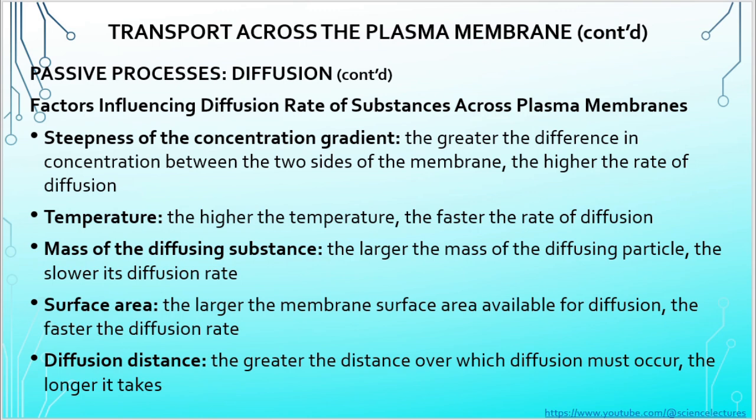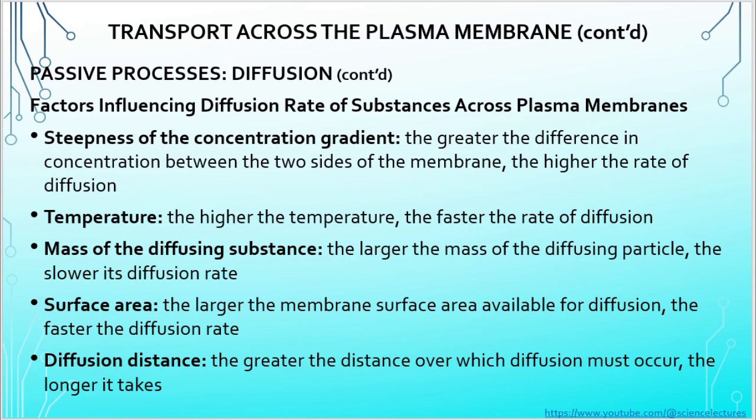When charged particles are diffusing, the steepness of the electrochemical gradient determines the diffusion rate across the membrane. Another factor that influences the diffusion rate across the membrane is temperature. The higher the temperature, the faster the rate of diffusion. All of the body's diffusion processes occur more rapidly in a person with a fever.